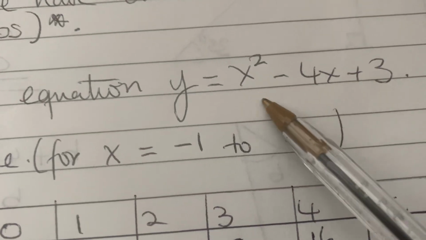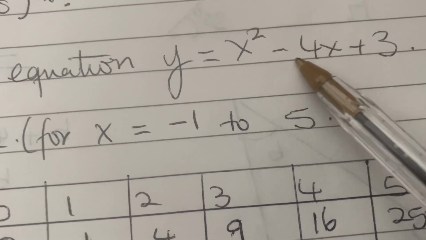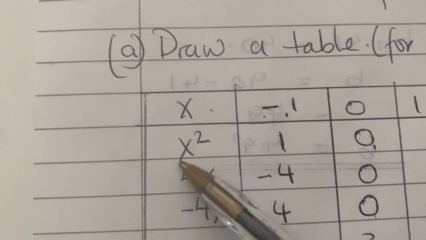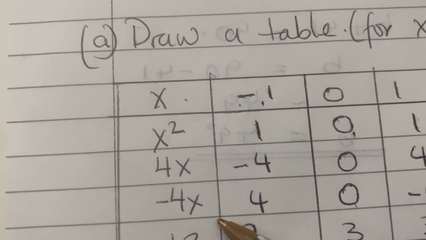Okay, now we've done x squared. The next one is 4x, and then we'll negate it. So we'll do 4x first, and then we'll negate it.